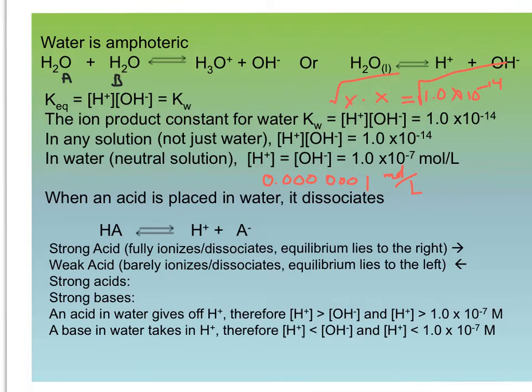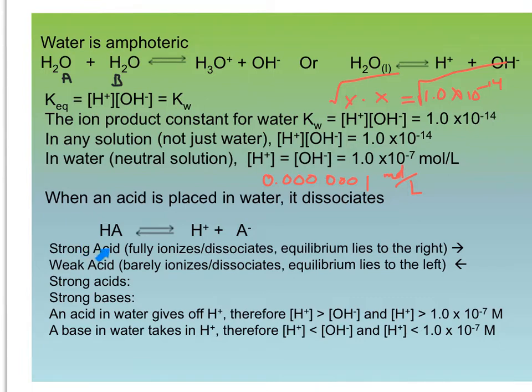So what if I take my water, where my H+ and OH- concentrations are equal, and they're both equal to 1.0 times 10 to the negative 7th molar, and I add acid in that water? Well, the acid, when you put it in water, gives off H+ and whatever the conjugate base is, A-. So if it was HA, the products are H+ and A-. How much this goes depends on whether it's a strong or a weak acid.